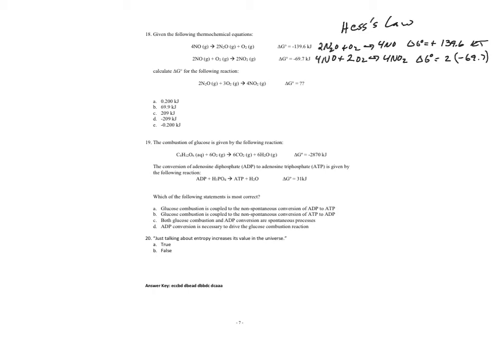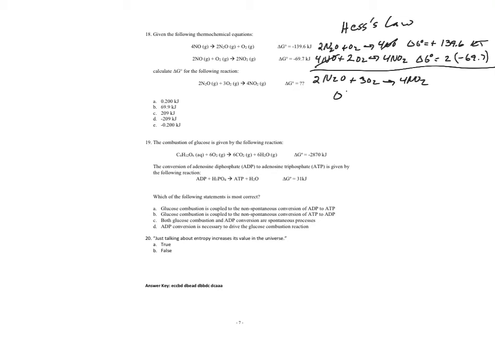Okay, so now we can see a couple of things are going to cancel out. My NOs cancel out. My O2s can be added together, but what I'm left with is 2NO2 plus 3O2 yields 4NO2. So that's my target reaction that I was looking for.